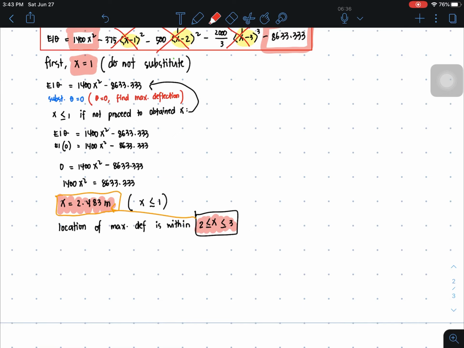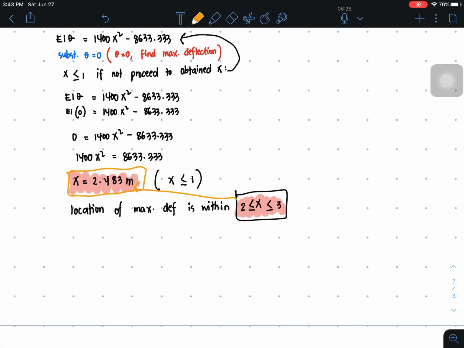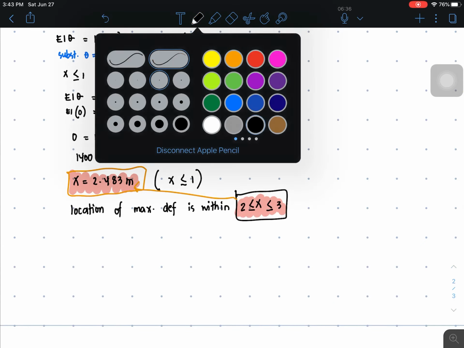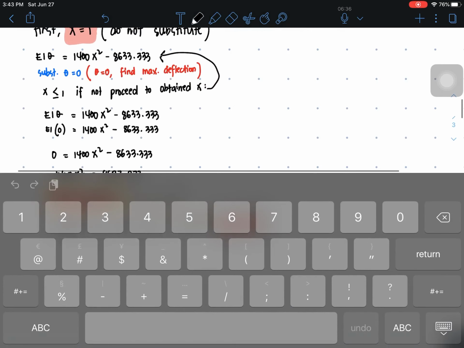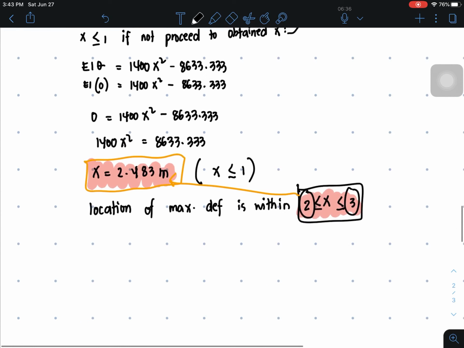So if that's the case, atong i-satisfy. So we will use the greater value. Diba? You have two limits man, no? Two limits, 2 and 3. So instead, use x equal to 3.